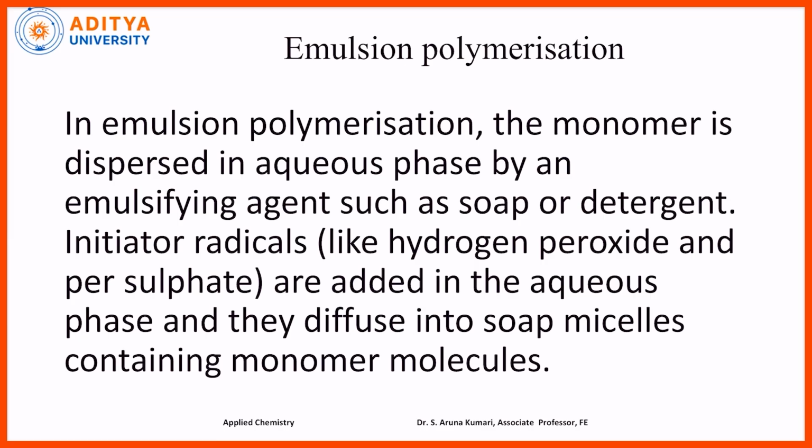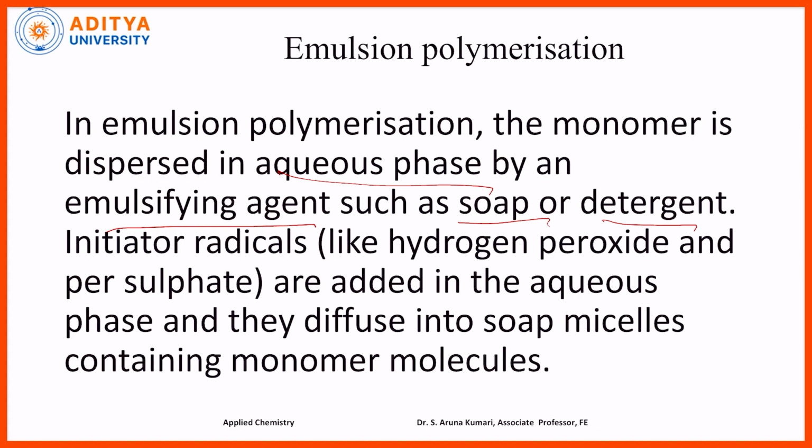In emulsion polymerization, the monomer is dispersed in aqueous phase by an emulsifying agent. Here the emulsifying agent such as soap or detergent is used. And along with this, initiator radicals like hydrogen peroxide and persulfate are added.